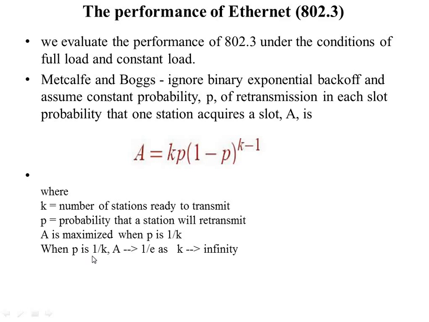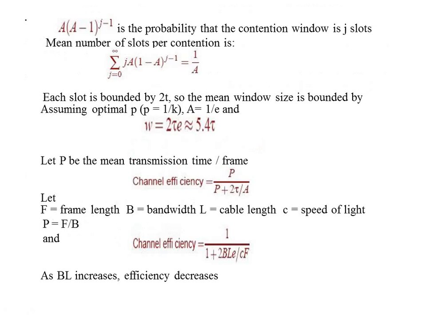That probability becomes maximum only when P becomes nearly equal to 1 by K. So as P becomes 1 by K, A becomes nearly equal to 1 by E as K tends to infinity. So this is how you are going to calculate.